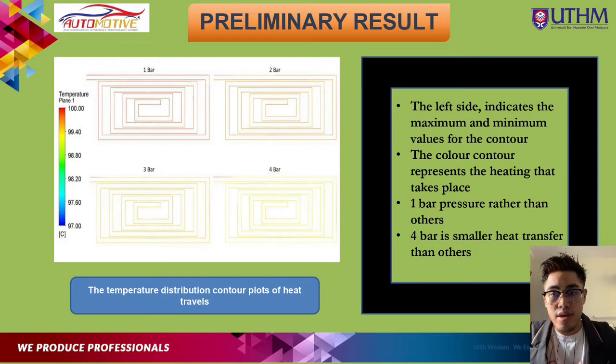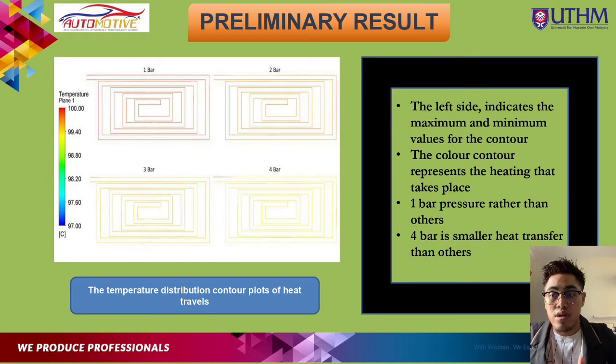Di sini menunjukkan from the left side indicate the maximum and minimum value for the contour, mana line yang kat tepi itu menunjukkan maximum and minimum value for temperature, mana sekiranya bagi gambar 1 bar, 2 bar, 3 bar dan 4 bar tu ke arah kemerahan, ianya menunjukkan nilai temperature distribution nya adalah tinggi.